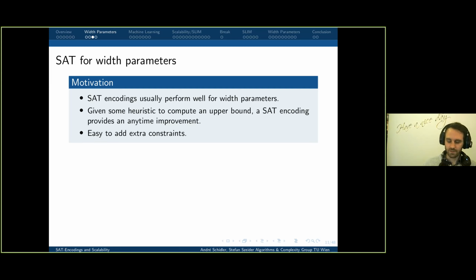They also want special properties for the vertices in the bags. This is often the case: you have some property that would be nice for your decompositions to have, besides having small width. And this is where SAT is really strong, because you can easily add constraints.